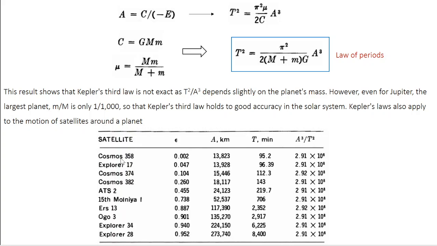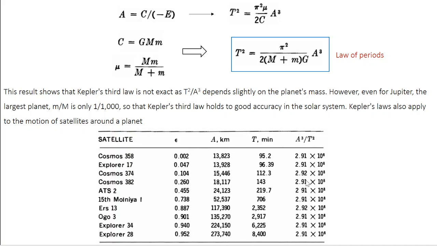All these have different values of eccentricity and major axis and the time period. In this case, the orbit corresponds almost to a circle, but in this case, it's an elongated ellipse. So you have completely different trajectories here, completely different values of time period. But when you look at the ratio of A cube to T square, you find that this is a constant.